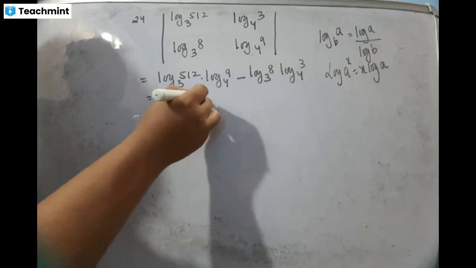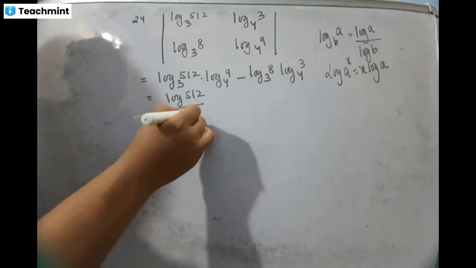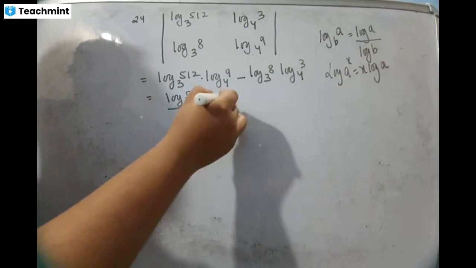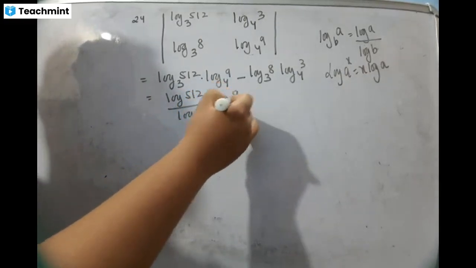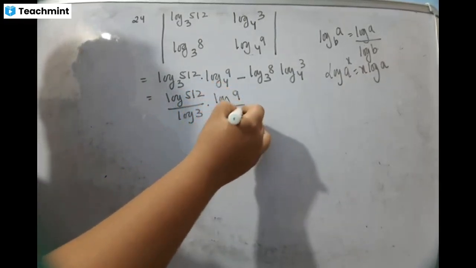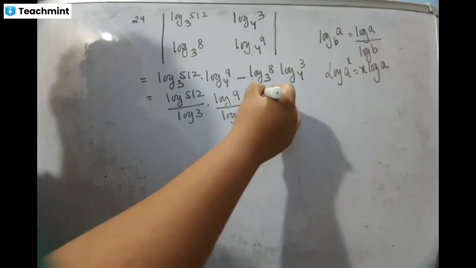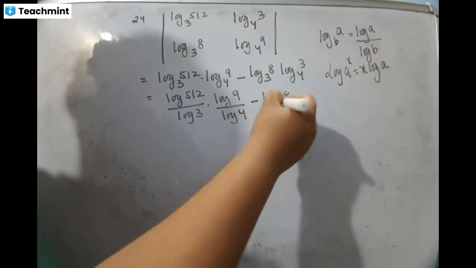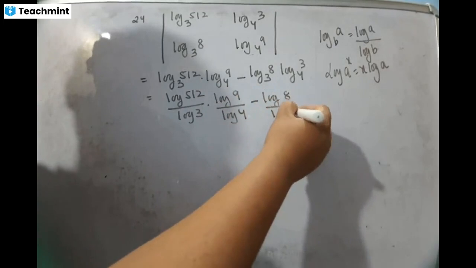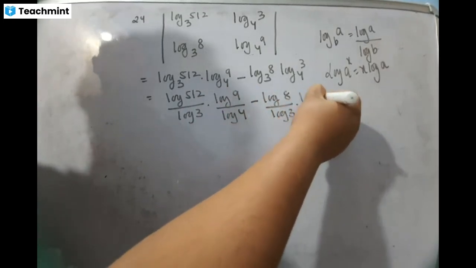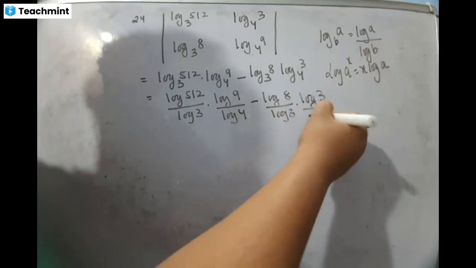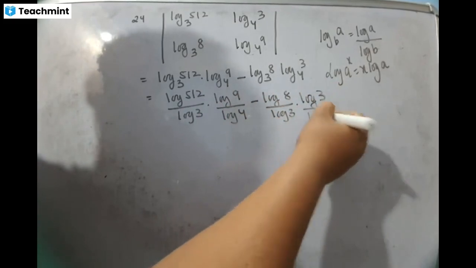It is log a divided by log b into log a divided by log b, minus, do the same thing, log a divided by log b into log a divided by log b.